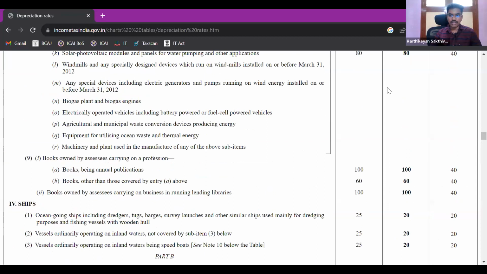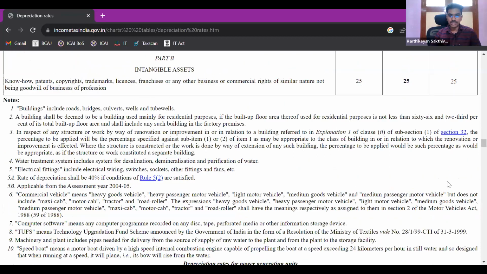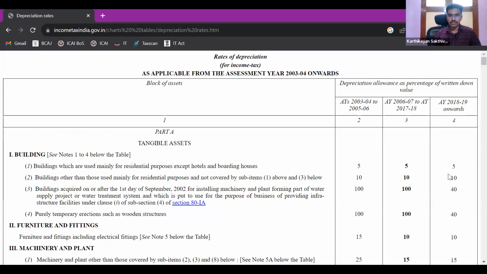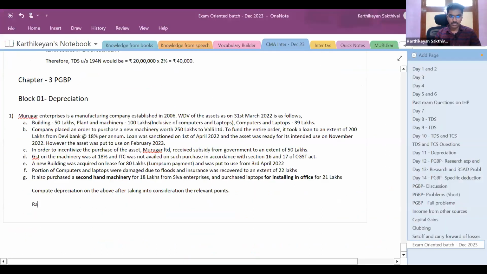Right. So let me put it again. Rates of depreciation. Building, normal buildings 10%. If it is a residential building 5%. Furnitures and fittings 10%.